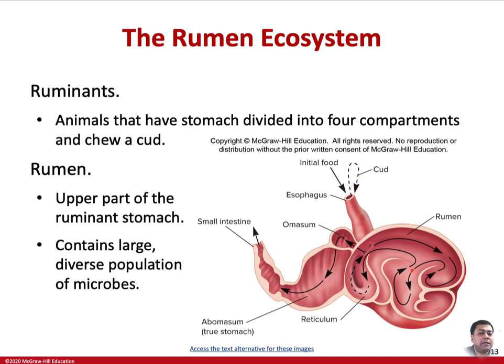The material is regurgitated into the mouth, chewed again, mixed with saliva, and goes down into the rumen once again. When it is liquefied enough with the action of the bacteria, it goes through the reticulum, the second part. From the reticulum, it moves into the omasum, the third part of the digestive tract. From the omasum, the material moves into the abomasum. This is the true stomach. And from there, it moves through the small intestine.